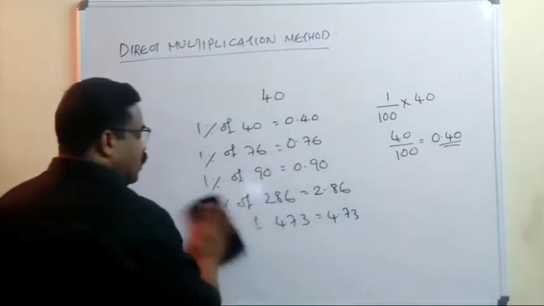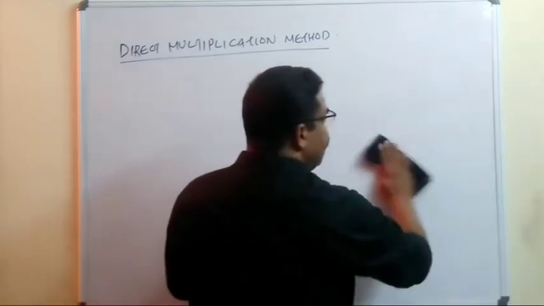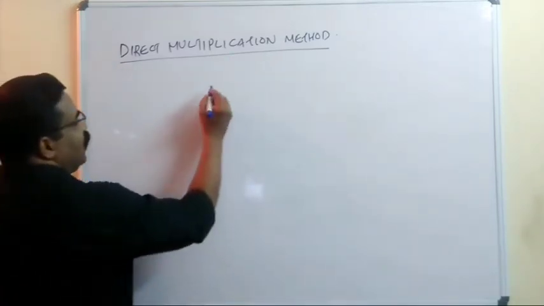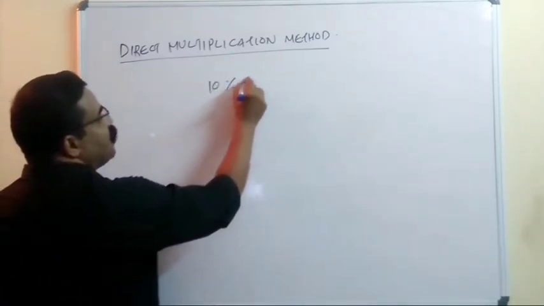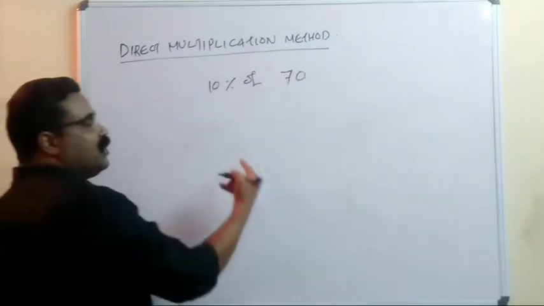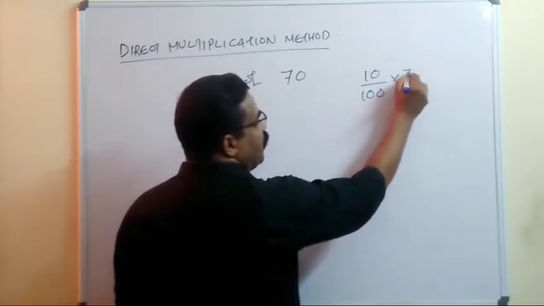Now the next concept: we want to find 10% of a number. Find 10% of 70, for example. So what is the method? 10% means 10 by 100 multiplied by 70.